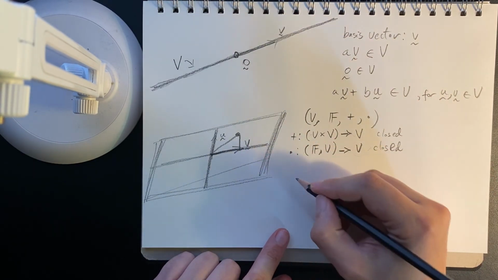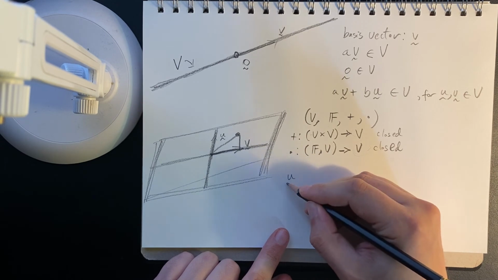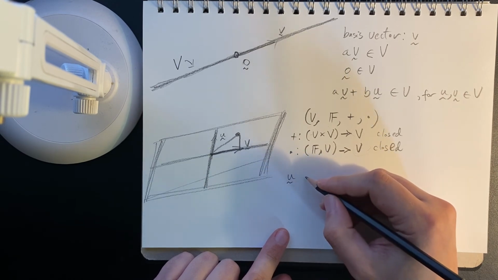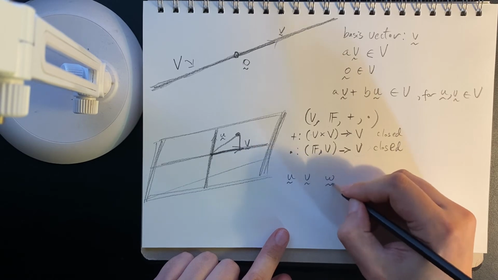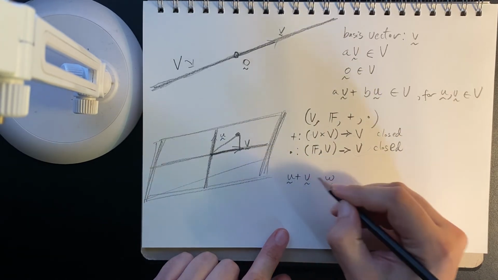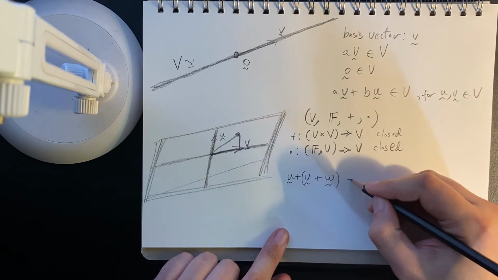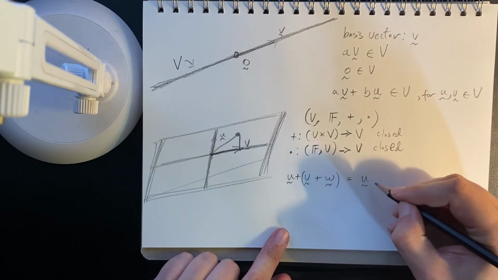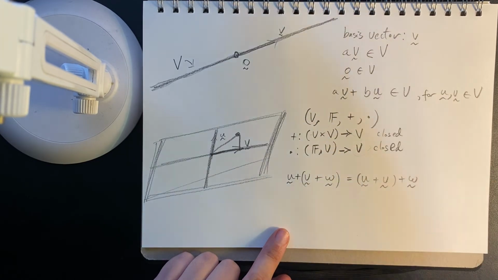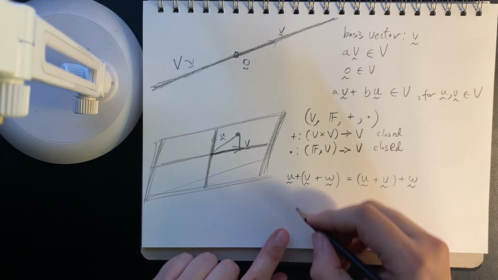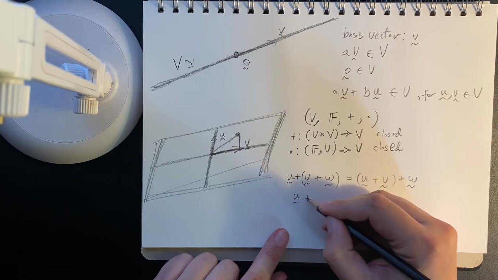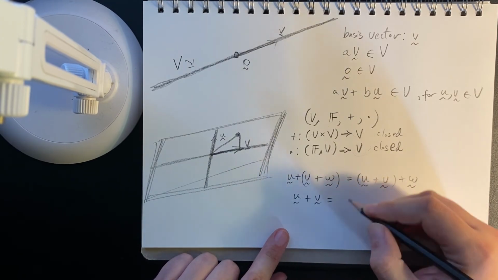Addition is associative, so if I have three vectors, u, v, and w, it shouldn't matter how I add them up. I should be able to add v and w first, or u and v first. And similarly, it is commutative, so the order that I add things doesn't matter.